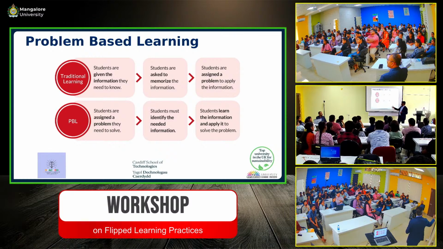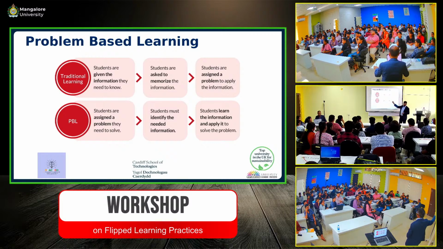But with problem-based learning, you introduce the problem first, and then the students themselves identify what they need to know in order to address that particular problem. If you think there's a gap, you will learn that and then apply it and solve the problem. So you can see some similarities and some clear differences, in how to get the same thing done, but in a better and more interesting way.